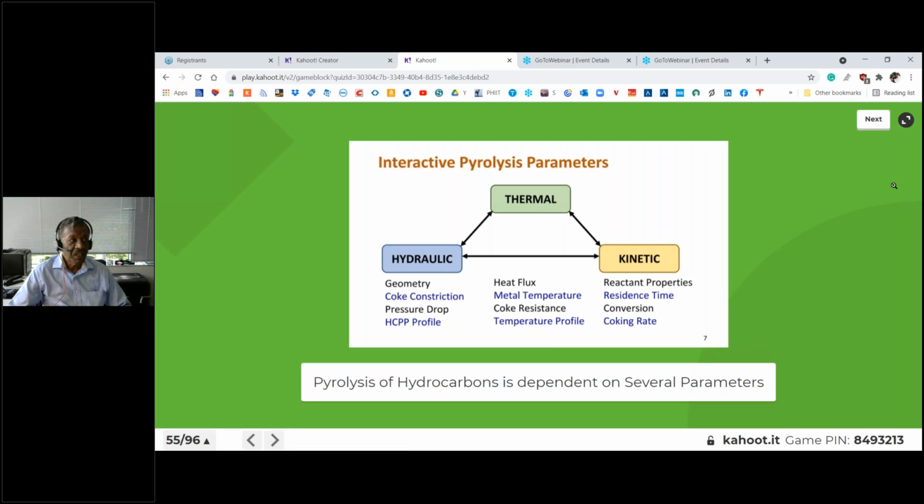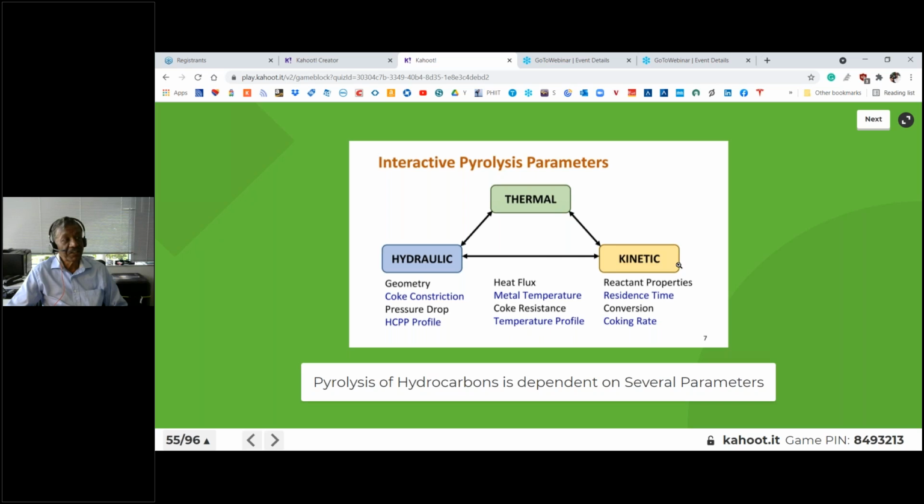So let's look at the interactive parameters. We have hydraulic limitations like geometry, coke formation, pressure drop, hydrocarbon partial pressure profile. These come under the hydraulic. Then on the thermal side, we have the radiant heat flux, tube metal temperature, coke resistance, and the tube metal temperature profile.